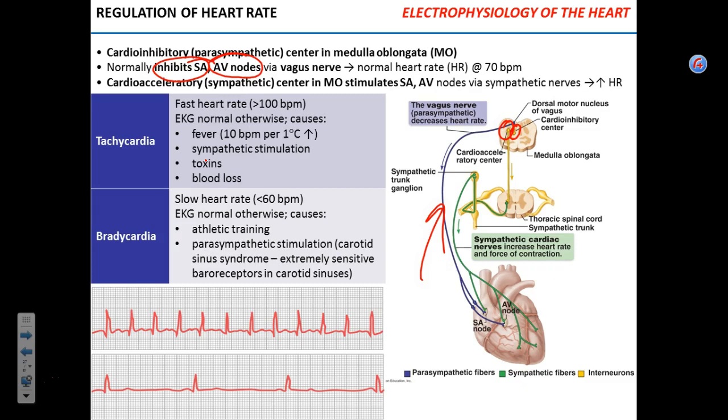I'm going to give you a clinical case. You're a nurse. You are in the ICU. You have a patient with a heart transplant, a freshly transplanted heart. So you walk into the patient's room to check the vitals.